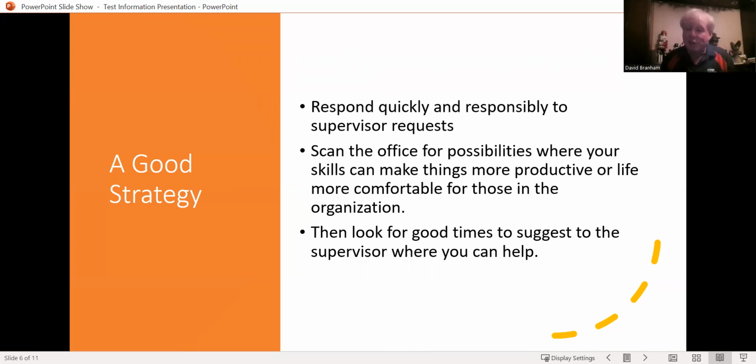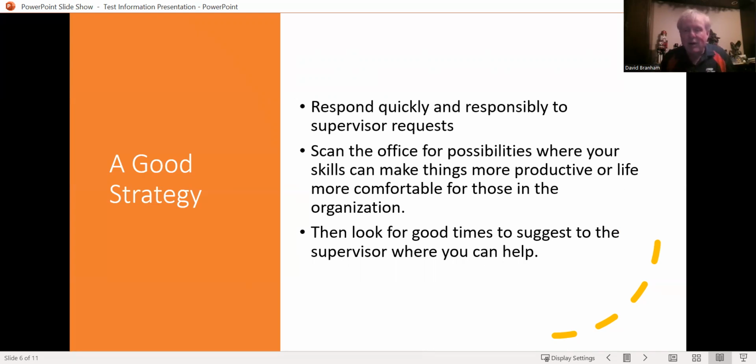I've had many interns tell me, I see something in this office that I can fix, and their supervisor stops them from fixing it. When you walk in as an intern, there are people who've been there for years who have taken ownership of that office, and they're going to protect their territory. They're going to protect their job.